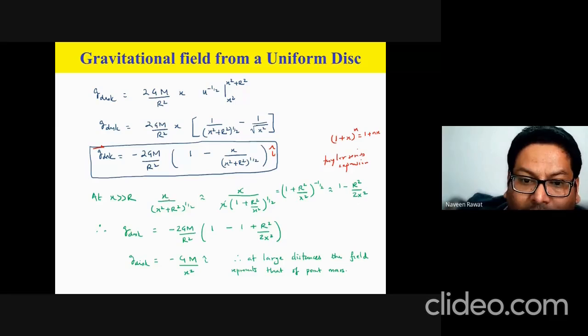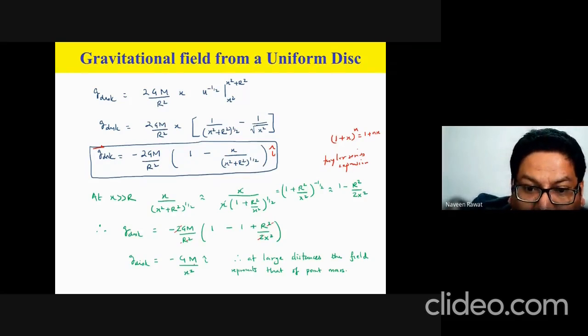So this function gets simplified into this expression. If I use this now inside, I get 1 minus 1, minus of minus, this will become plus r square by 2x square. And 1 and 1 will cancel, and r square will cancel right here, and 2 and 2 will cancel, and so again I get minus GM by x square.